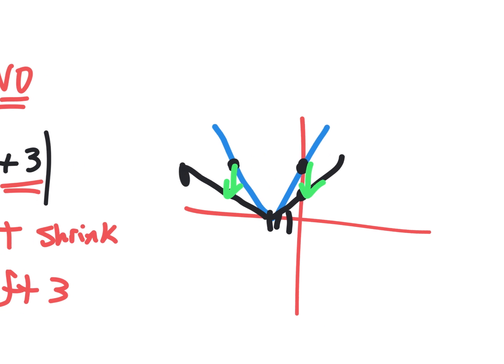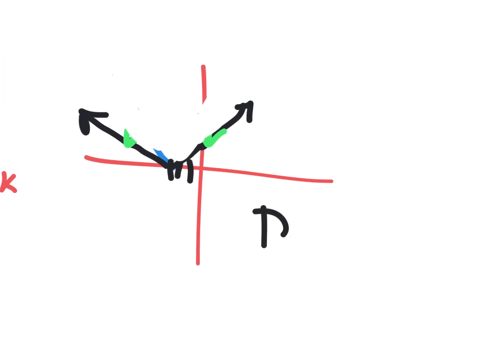You should be able to tell me this new graph with the black one. What's its domain and its range? Domain and range. That's a typical question that's on your quiz in like 2 minutes. Isn't domain just left, right?